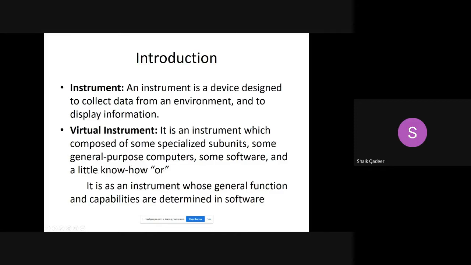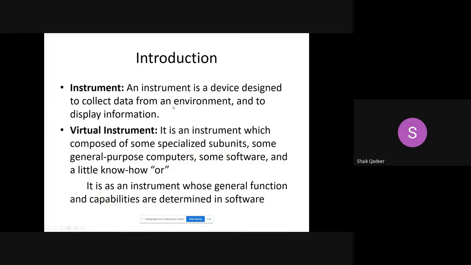So it is an instrument composed of some specialized subunits, some general purpose computer, some software, and a little know-how. Or in other words, we can define virtual instrument as an instrument whose general function and capabilities are determined in software.